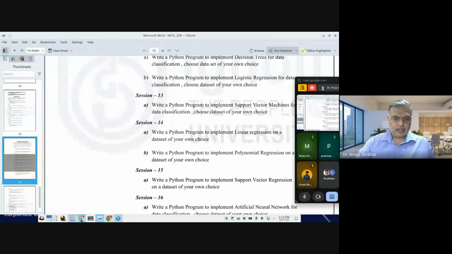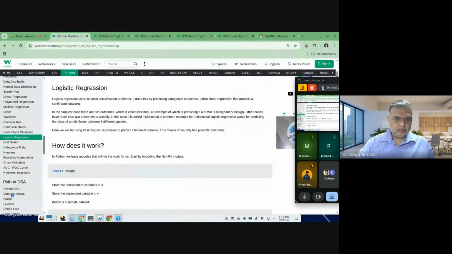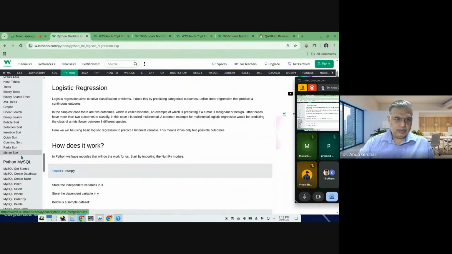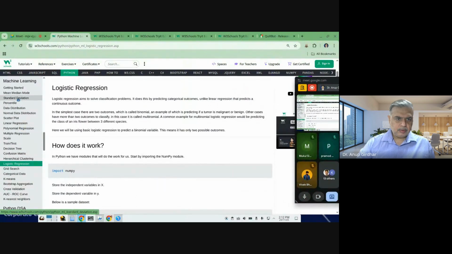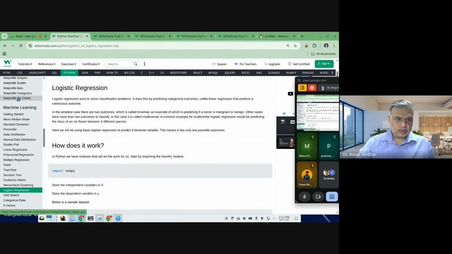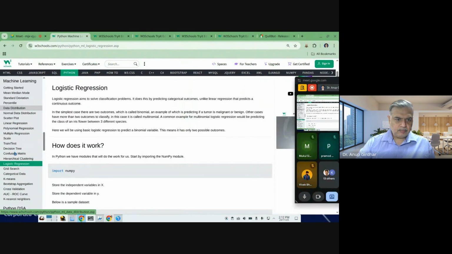So let's start with another algorithm. In this case, we don't have SVM. Okay, no problem.